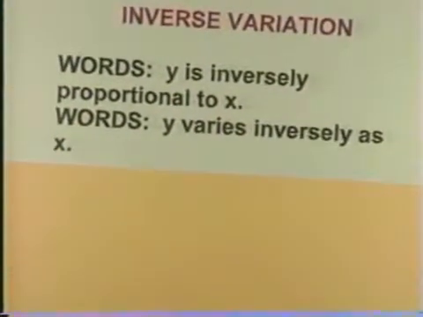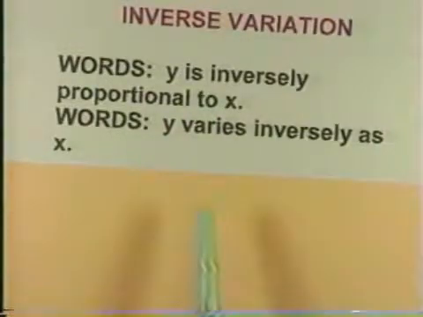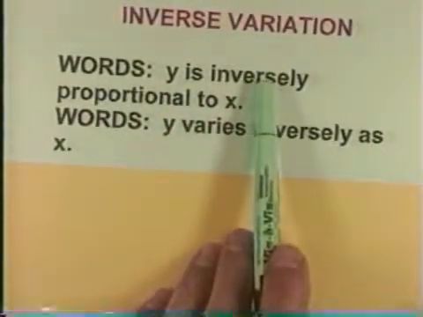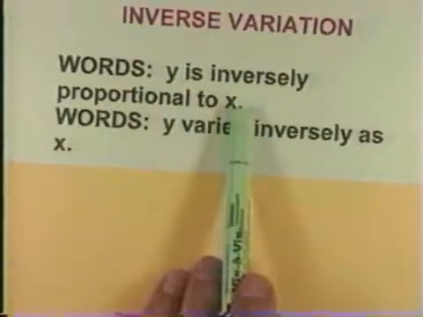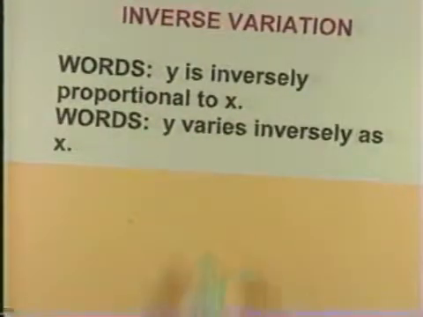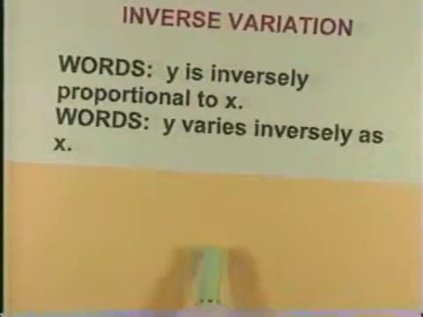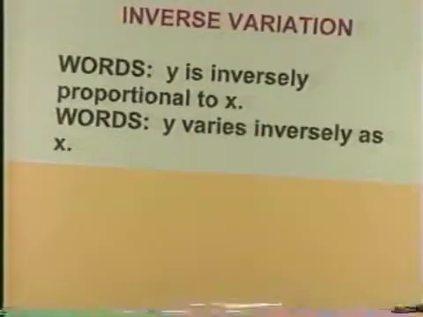So there would be two ways of writing it in words. Y is inversely proportional to x, or we could say y is inversely related to x. So we could use related to rather than proportional. It means the same. Or we could say y varies inversely as x. The key word is inversely.